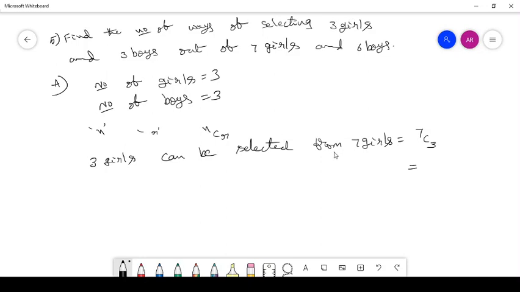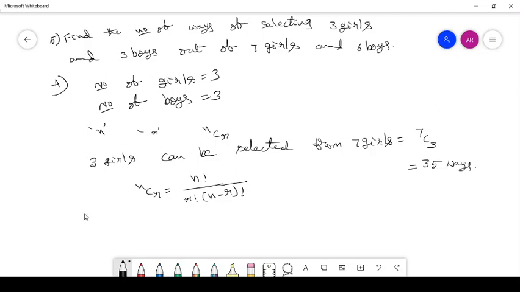This is in the form nCr, which is n factorial by r factorial into n minus r factorial. By using this formula, you can get this value: 35 ways. So 3 girls can be selected from 7 girls in 35 ways.